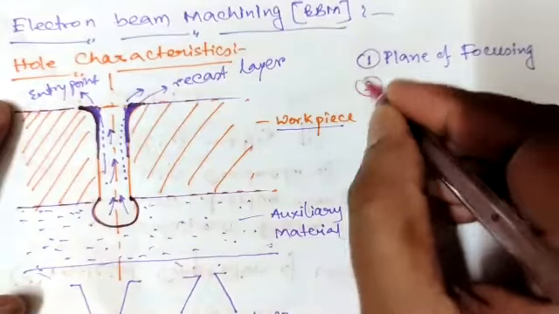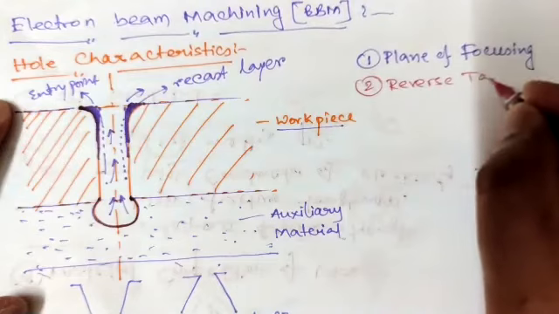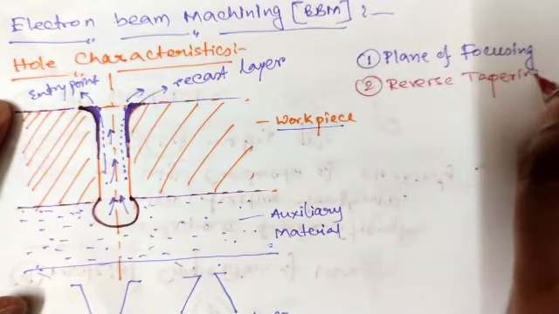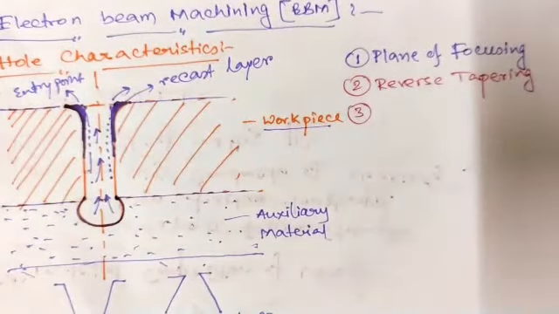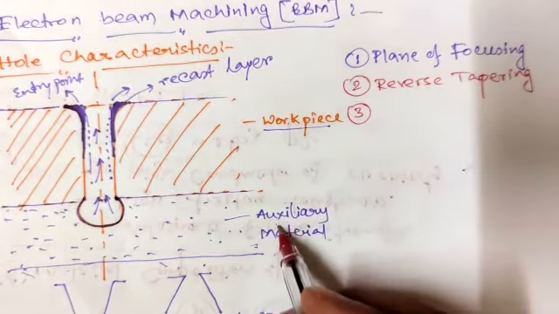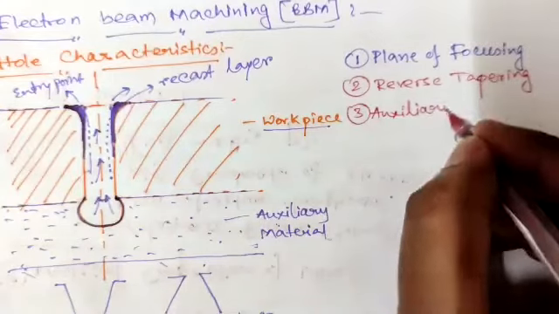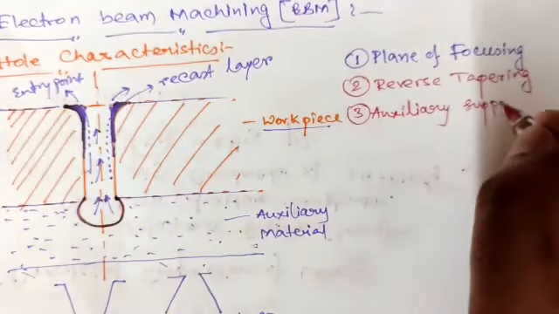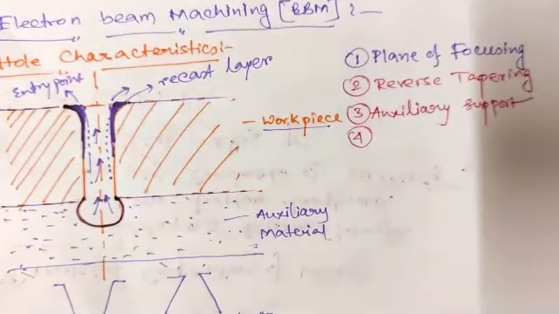Second thing, you write it. The third point is we have to know about this auxiliary support, which plays a vital role in EBM. Now, the fourth point is we are not going to have any burr at all.